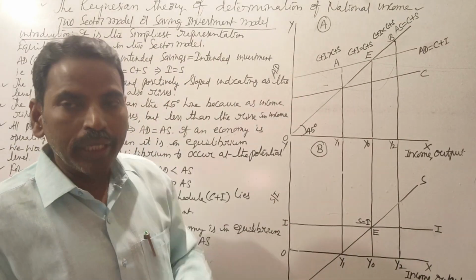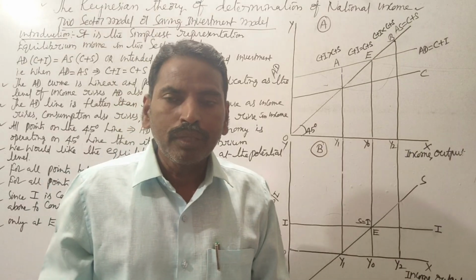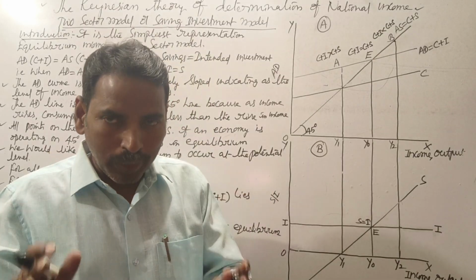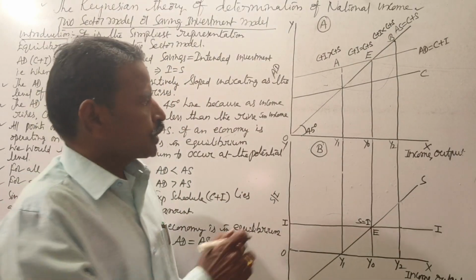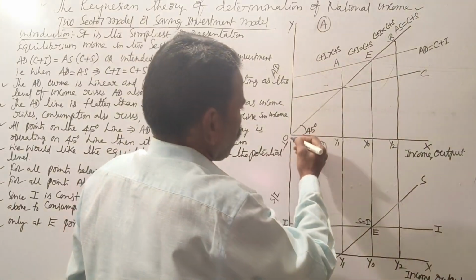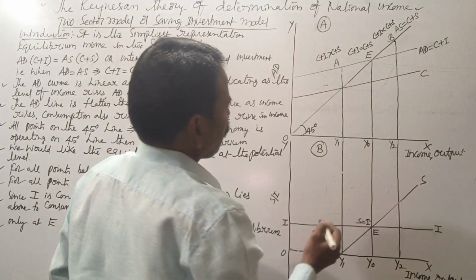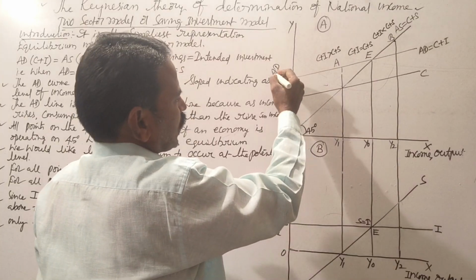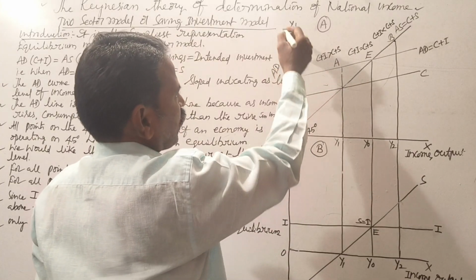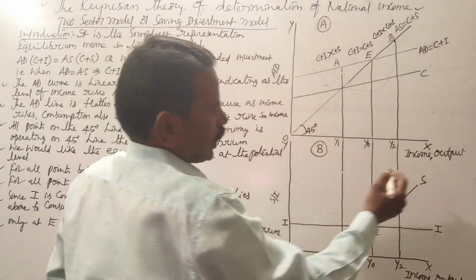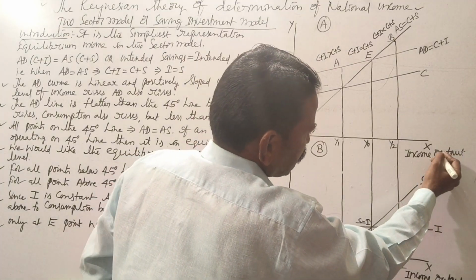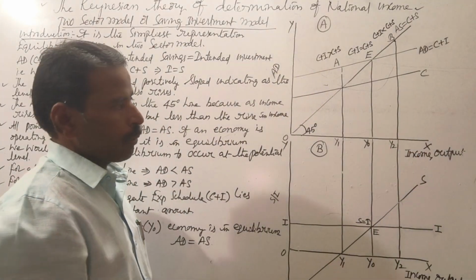In panel A, in terms of the aggregate demand and aggregate supply model, first draw an L shape and mark Y, O, X. Aggregate demand is measured on the Y axis and income or output is measured on the X axis.